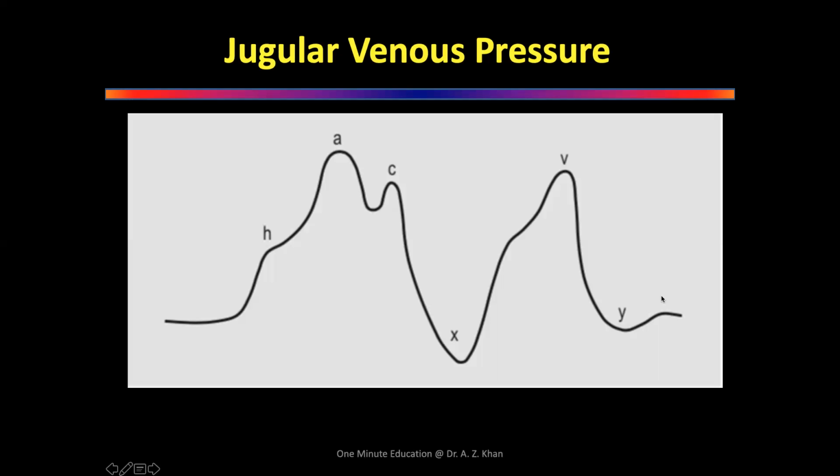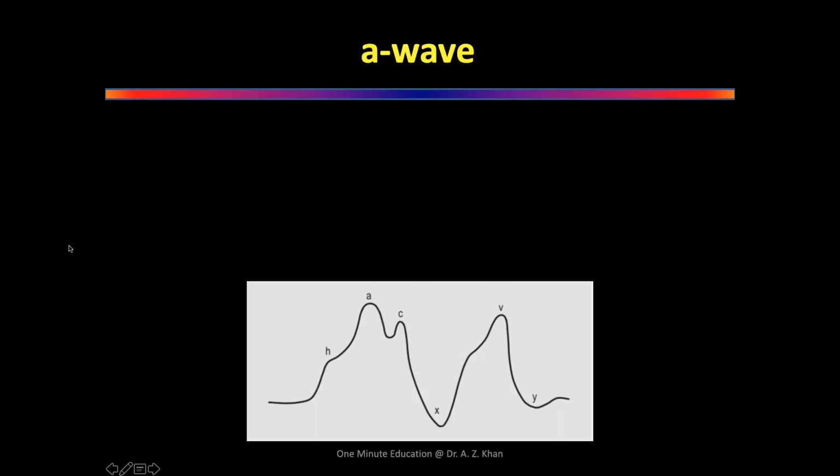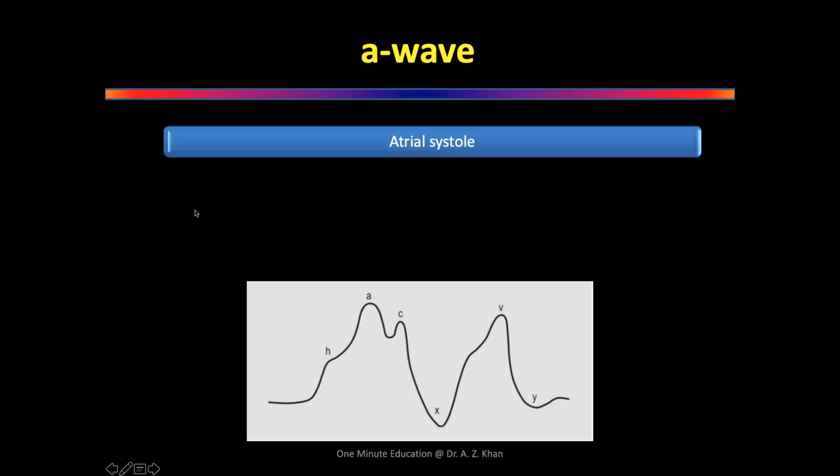So now you have to tell me there is A wave, C wave, V wave, X and Y trough and H wave. So what is the A wave? Why do you get an A wave? Atrial systole, good. When is the A wave absent?